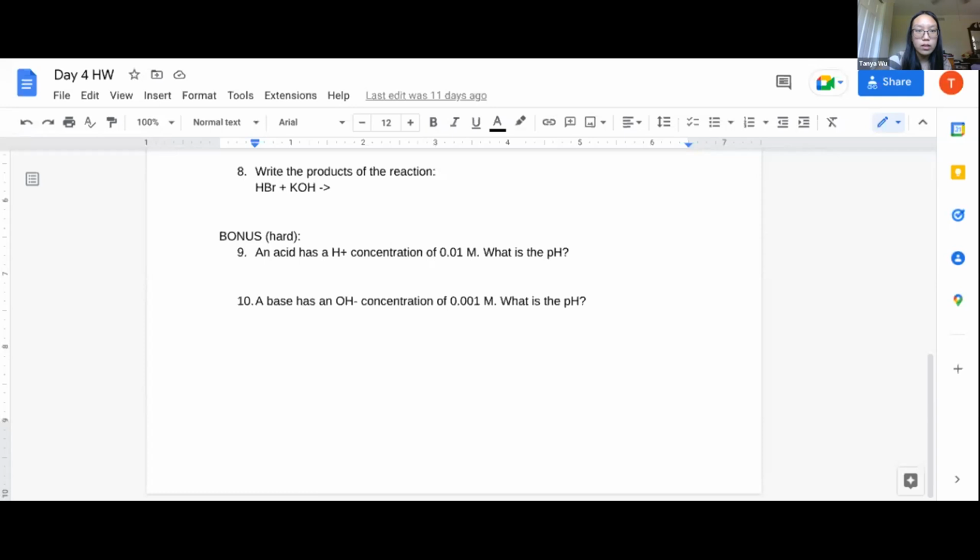Okay, the same thing goes for number 10, except you have to find the pOH first and then use the pOH plus pH equals 14 relationship to get the pH.